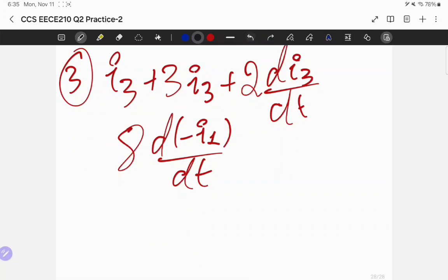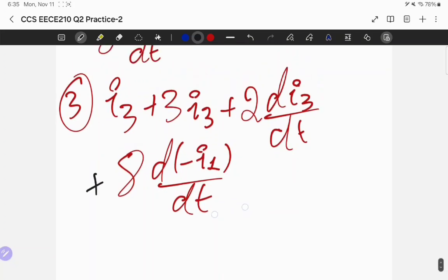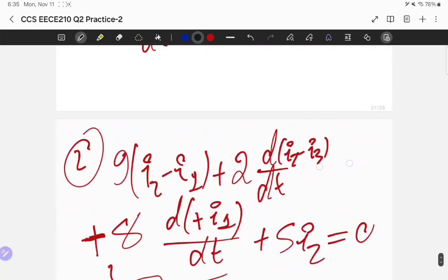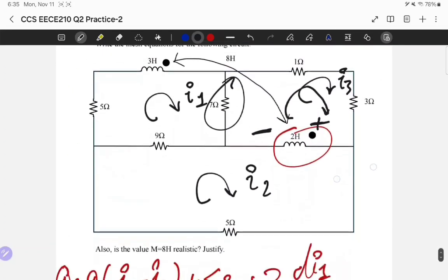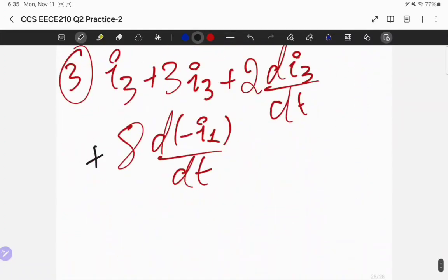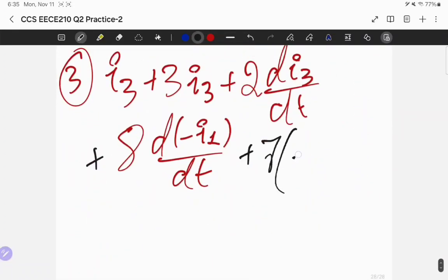Depending on the question, but the idea stands that the sign in here is plus, and you can do other mathematical manipulations in order to get the result that you want. Finally, I have the 7 ohm resistor in here, which is 7 (I3 minus I1). Hope this is clear, and that you really overcome the difficulty about mutual inductance.